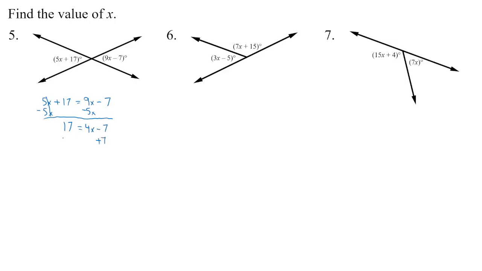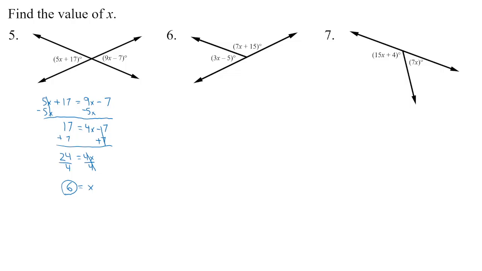We're going to add 7 to both sides. 17 plus 7 is 24, equals 4x. Divide both sides by 4. 24 divided by 4 is 6, equals x. Therefore, the solution is 6.